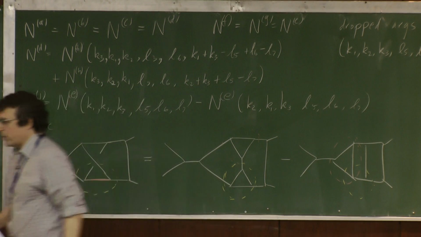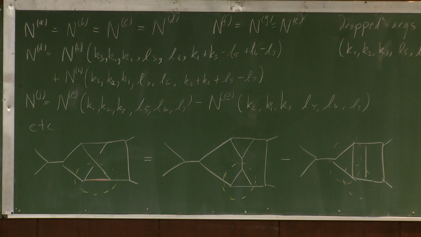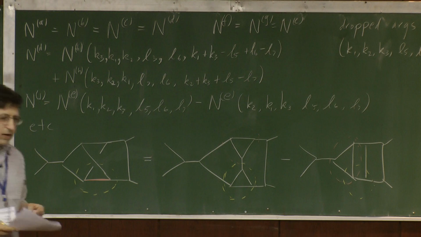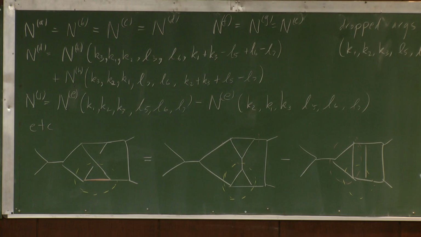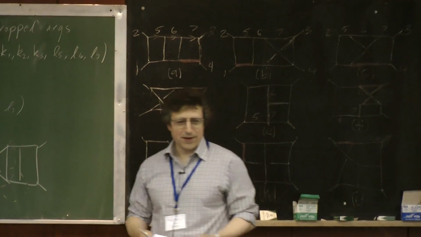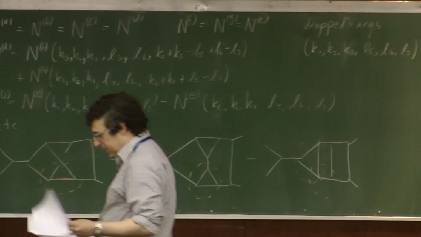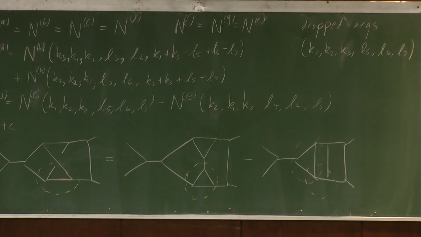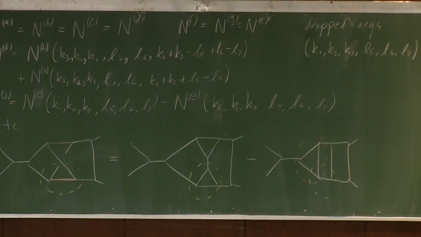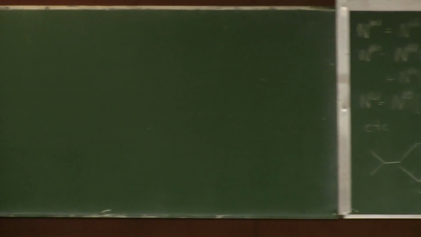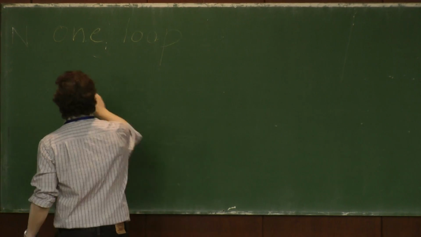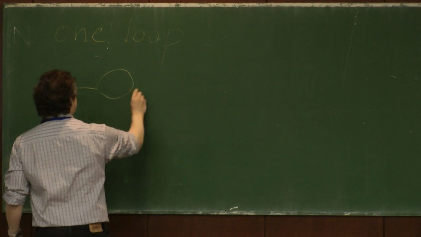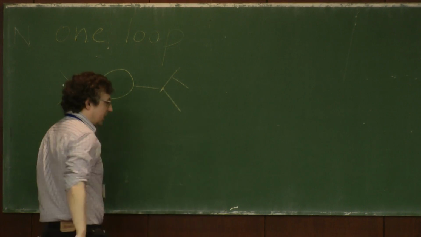Now, one of the tricks for doing, let's say, N equals 8 supergravity on the blackboard is I have to use some special properties of the N equals 8 theory. And that's allowed because by definition, if I'm doing 3 loops, I know everything about 1 loop. Right? And in fact, this is very well known to people in the field. So if we're doing, let's say, 1 loop, then there's a very simple rule about N equals 4 super Yang-Mills.